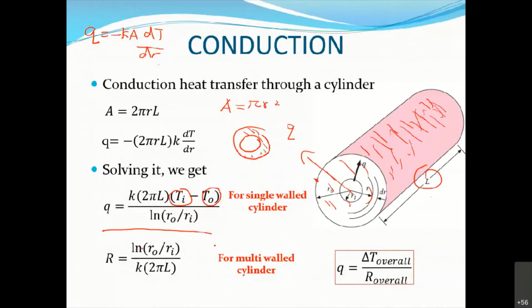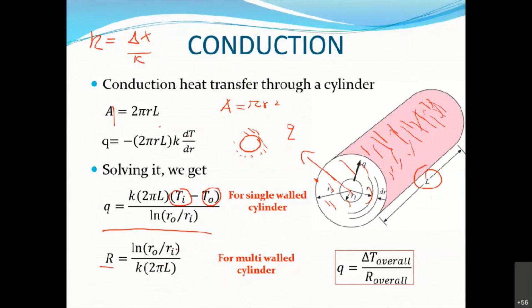If you have multiple layers, you will have resistance. The formula for resistance is R is equal to ln(Ro over Ri) over k 2 pi L. Similarly, remember if we were talking about the flat plate, the value of R is equal to delta x over k.